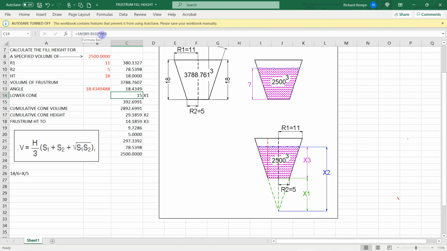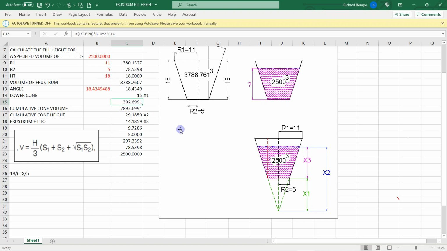It's a little hard to see the algebra steps on the screen, but that's how you do it. Instead of 18, this should be this number right here, in case that changes.